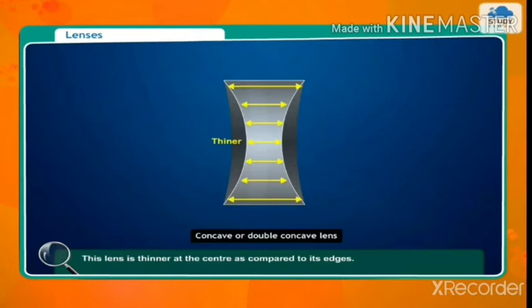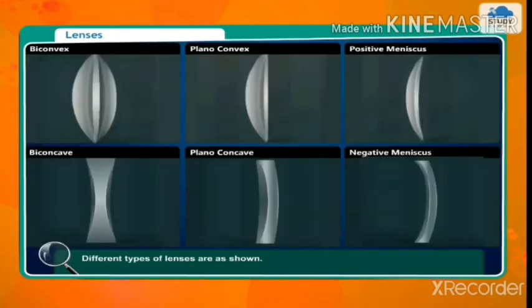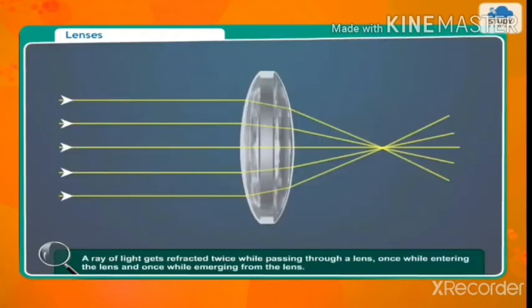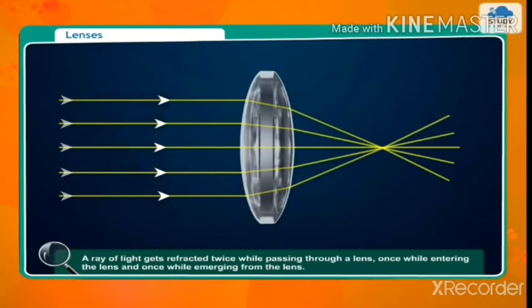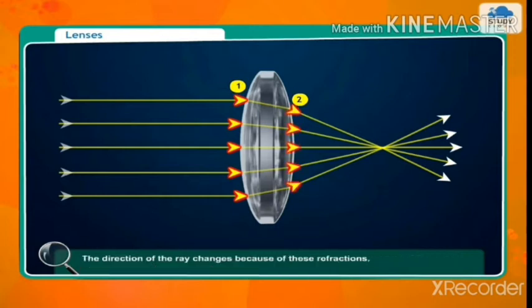Now next one, different types of lenses we will see. A ray of light gets refracted twice while passing through the center of the lens, once entering the lens and once while emerging from the lens. The direction of the ray changes because of these refractions.